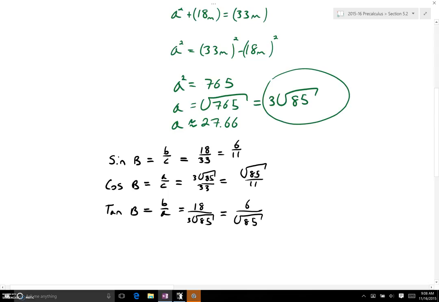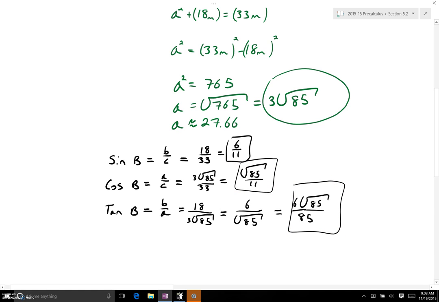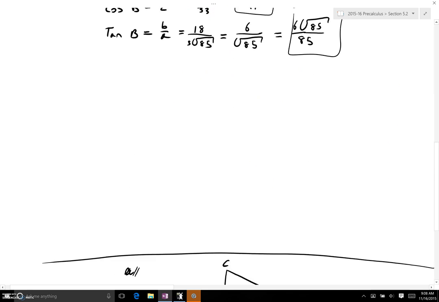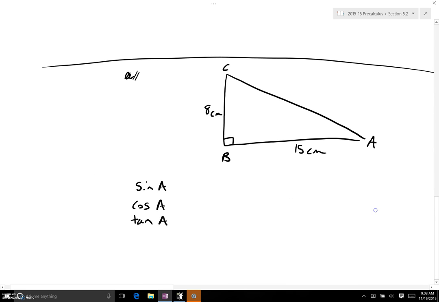It's not a big deal. But if we wanted to put the radical on top, then we'd have 6 root 85 over 85. So either of those two answers would be correct. So there we go. Why don't you guys pause here and try this example.